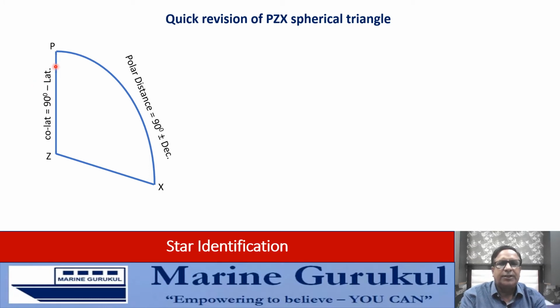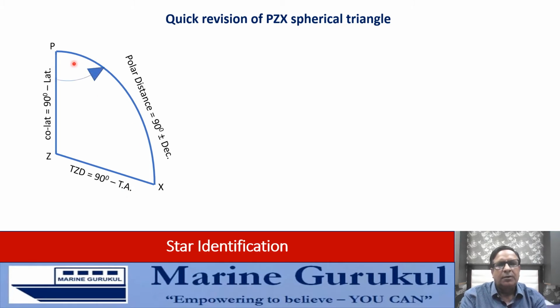Side PX, which is arc of the meridian of body X, is called polar distance and is always equal to 90 plus or minus declination. Side ZX, which is arc of observer's vertical circle passing through X, is called true zenith distance and is equal to 90 minus true altitude.